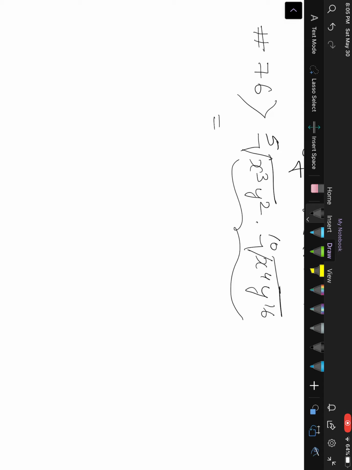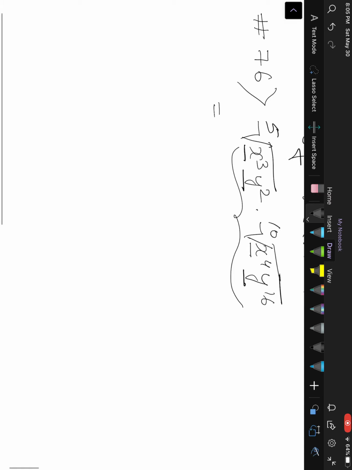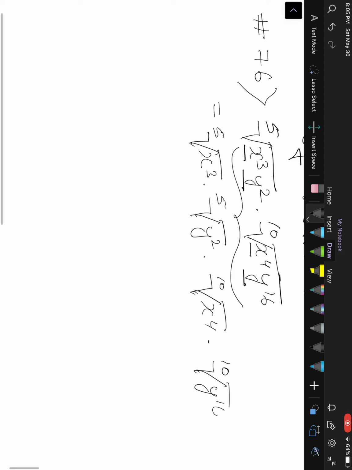So now, applying property number 1 of nth roots, I can distribute the nth roots to x and y terms individually. So that would give me the 5th root of x cube times the 5th root of y square times the 10th root of x power 4 times the 10th root of y power 16.